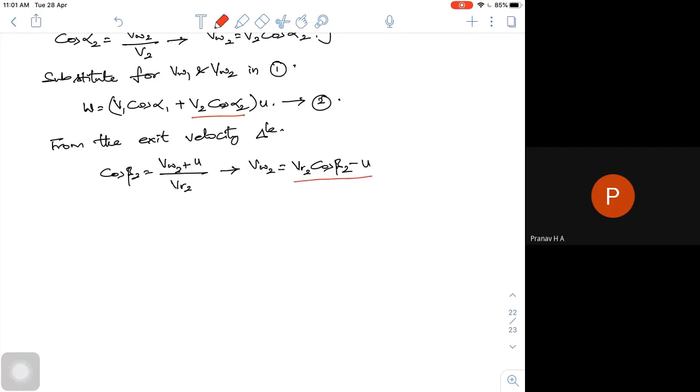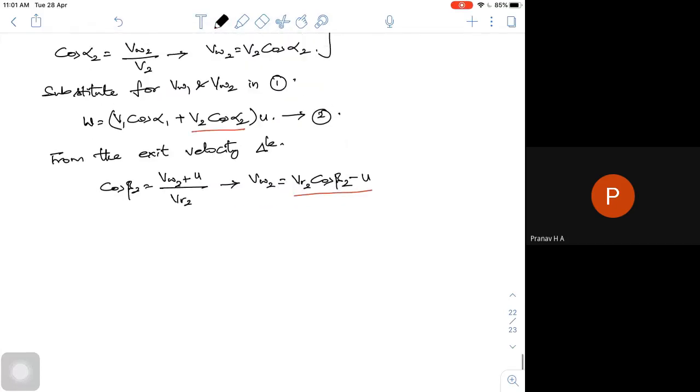So if I try to substitute VW1 and VW2 in my original equation, this is one form of equation. I can call it as 2. Another form I can call it as 2 dash.